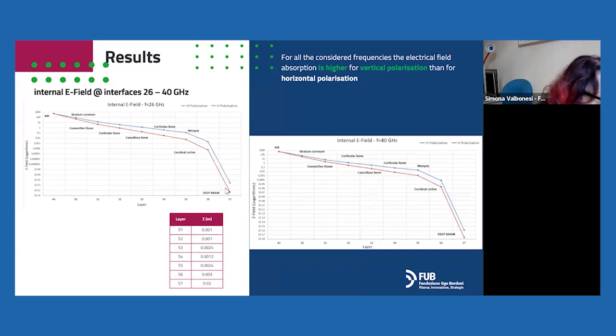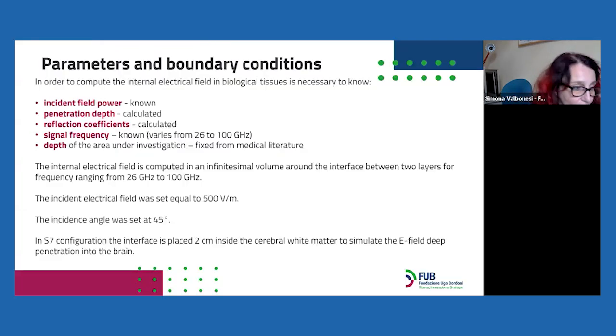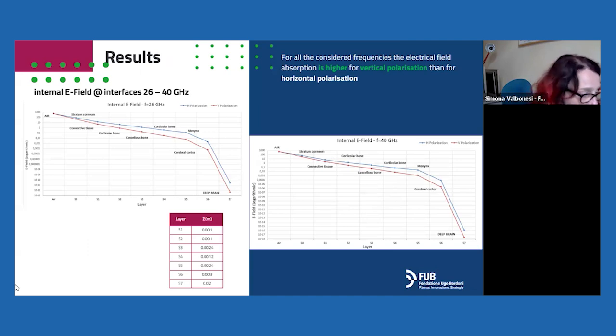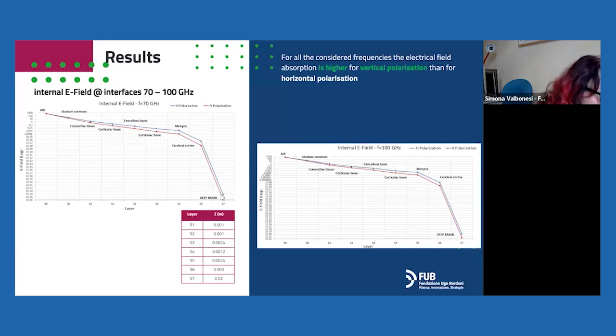This amount is of the order of -11 and -14, according to the polarization, for 26 gigahertz; of the order of -16, -18 for 40 gigahertz; of the order of -24, -26 for 70 gigahertz; and -30, -32 for 100 gigahertz.